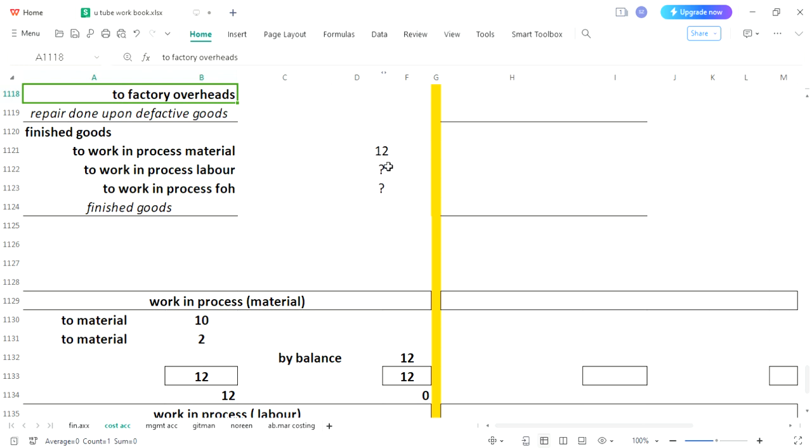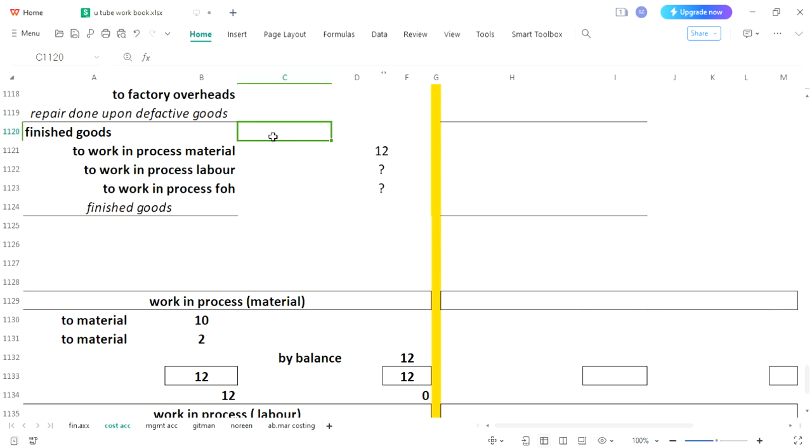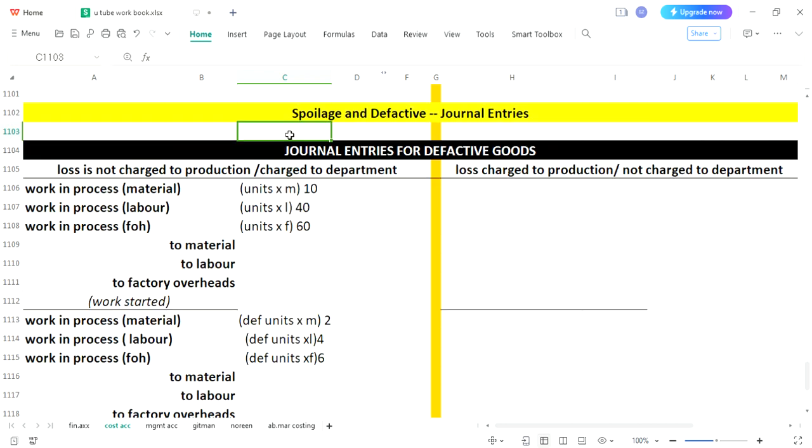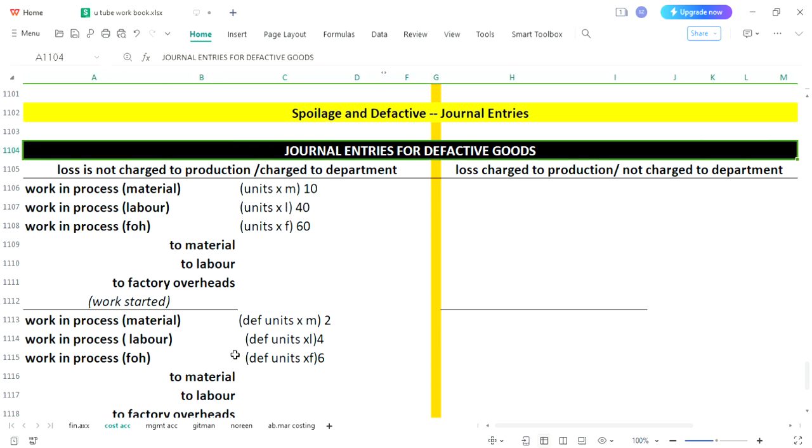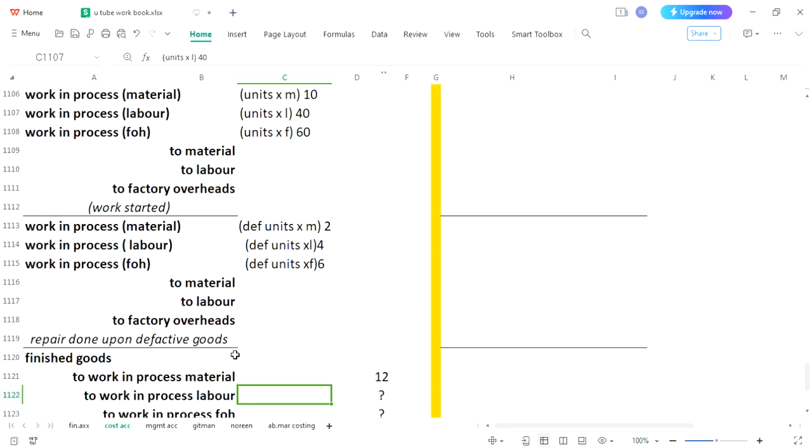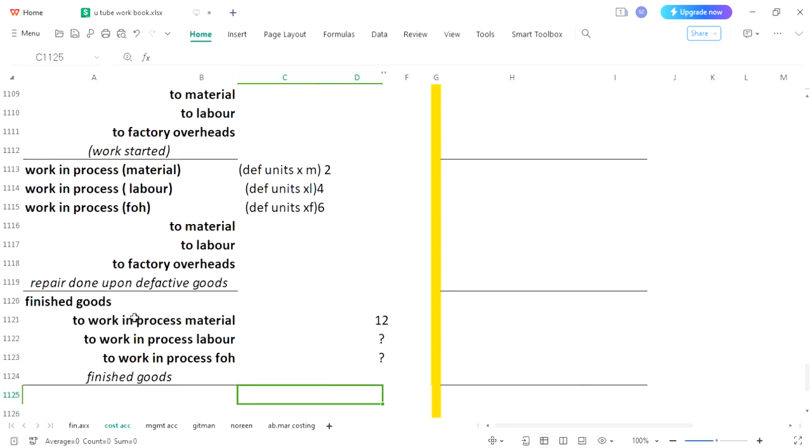These amounts would be filled, and the sum of these three amounts would be posted in front of finished goods. In this way, your left side would be completed. First entry for the start of your work, second entry for repair or damage, and finally the third entry would be for your finished goods.